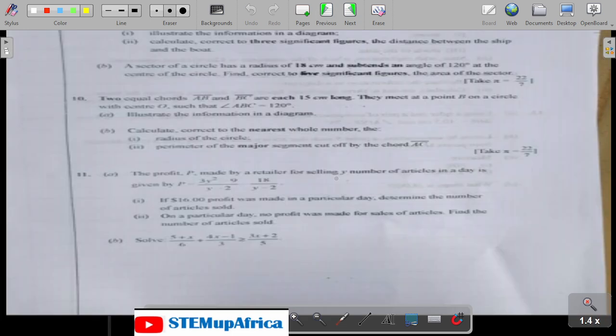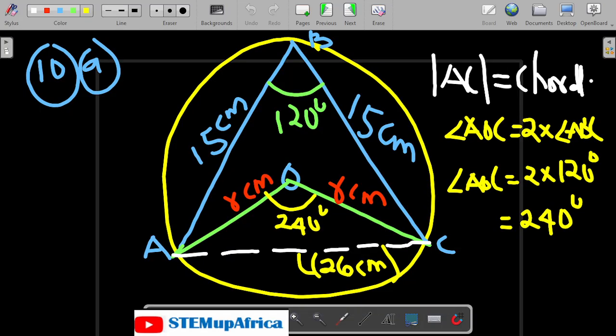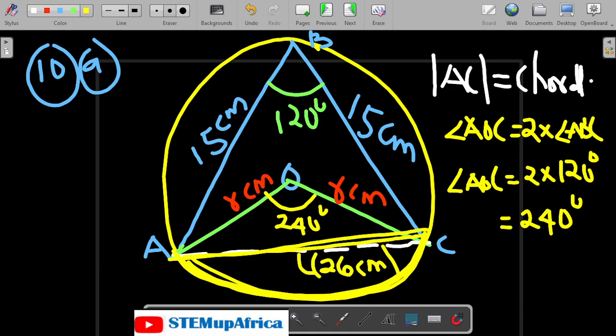Then question B. We should find the perimeter of the major segment cut off by the chord AC. So it will be the length of the chord and length of arc, which is from A to C. From here now, this is the area cut off by the chord.